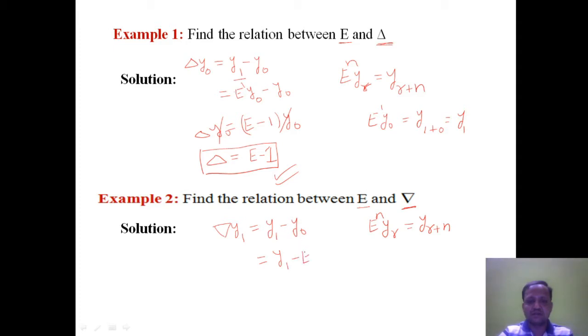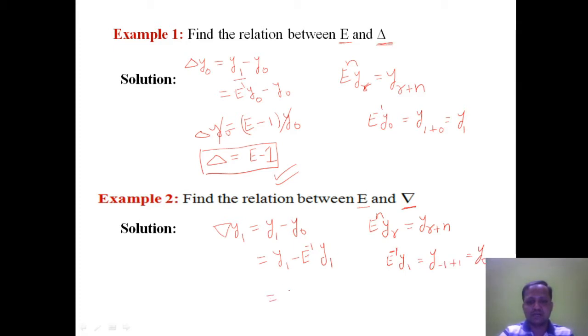How? Use this relation. Here you can write E power minus 1. We want y1, so adding the index, E power minus 1 y1 is nothing but y of minus 1 plus 1, nothing but y naught only. So you can replace y naught with E power minus 1 y1.